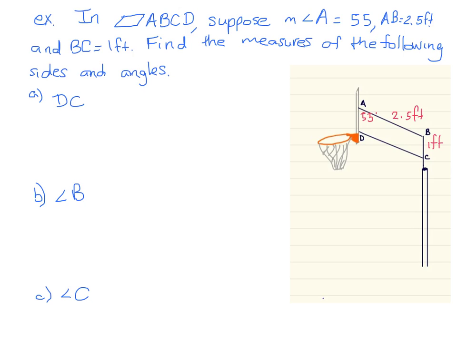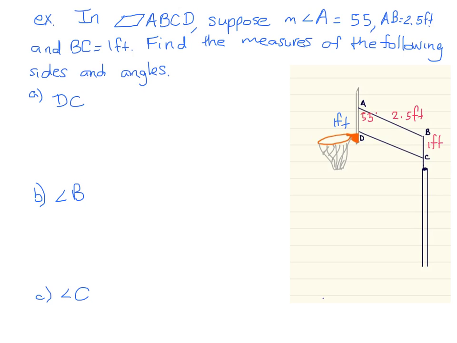All right, now from here, we are being asked for specific things, but I'm actually going to go ahead and find everything because it's actually not that hard. We know that opposite sides are supposed to be congruent, which means that since this here is 1 foot, then this here is also 1 foot. So I will label that in blue.